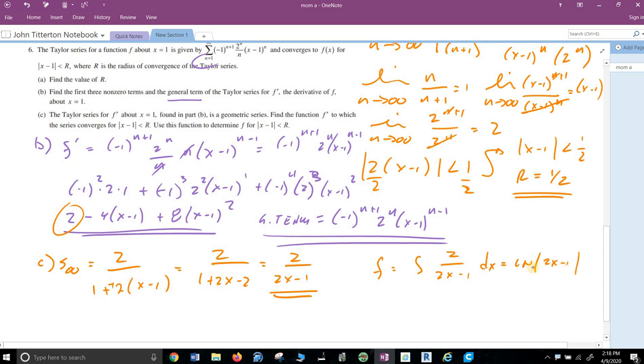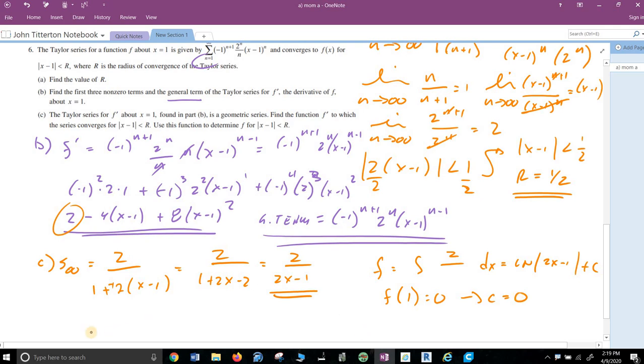The 2 vanishes because of the chain rule here. Oh, and don't forget there's a plus c. If I go back to the original and I plug in 1, everything is 0, so c is going to be 0. So f of 1 equals 0. So plug in 1, 2 minus 1, ln of 1 is 0, c equals 0.